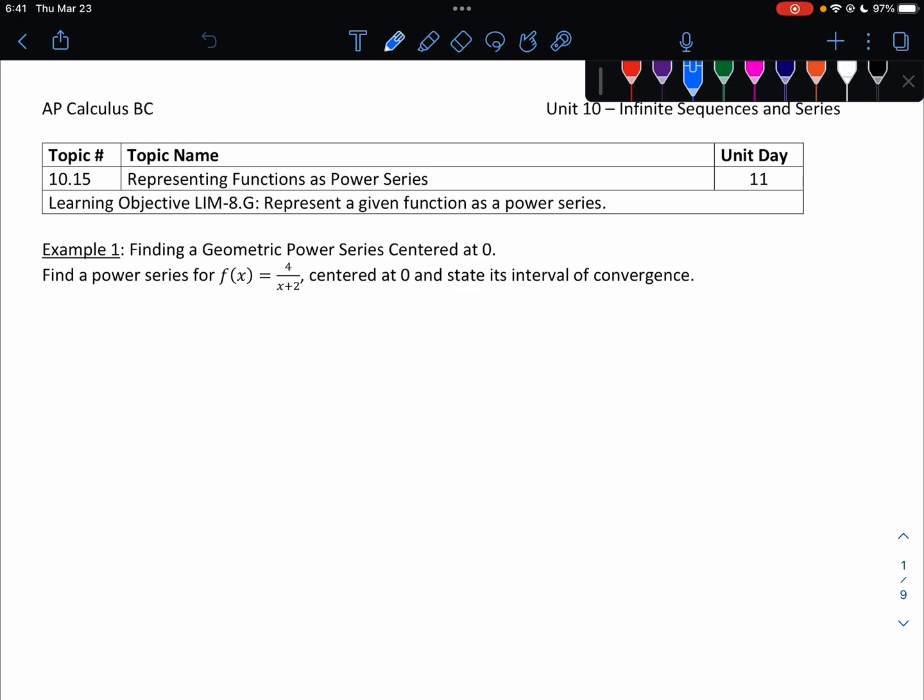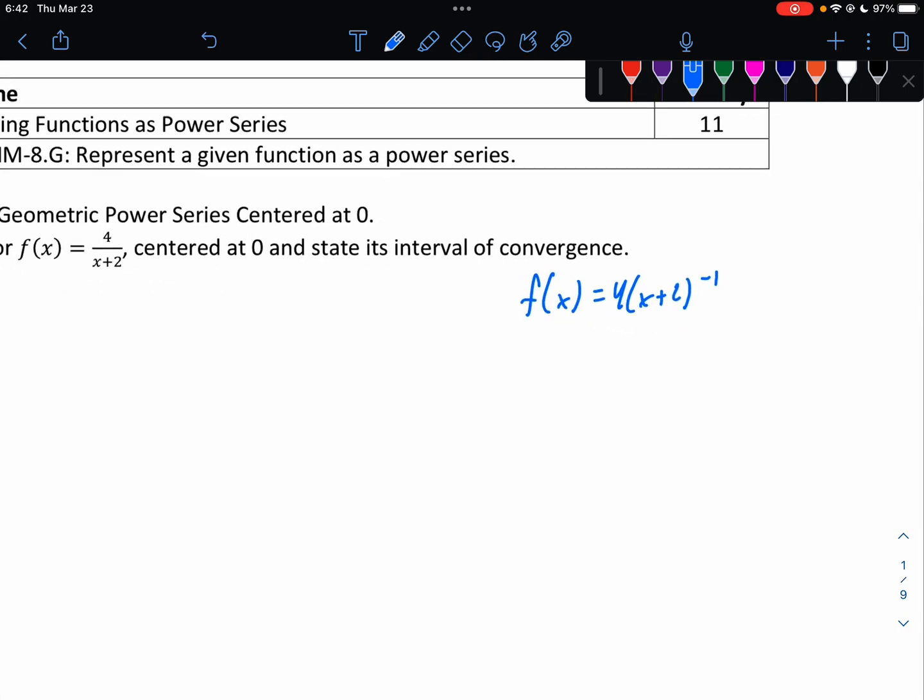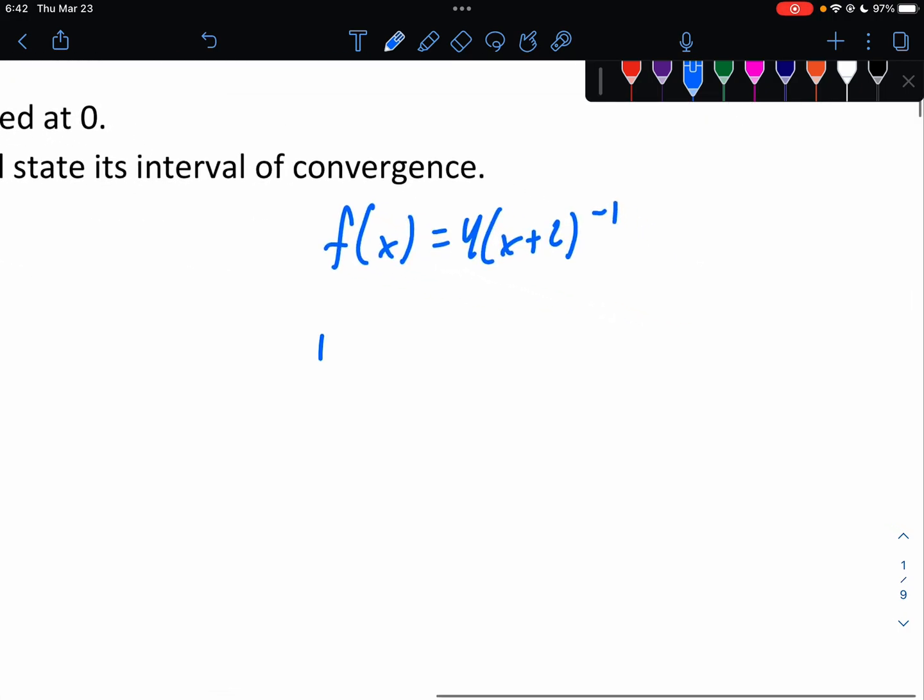So example 1 says find a power series for f of x equals 4 over x plus 2 centered at 0 and state its interval of convergence. Okay, so first thing we probably need to do is write out our function. And let's do the first four derivatives here.